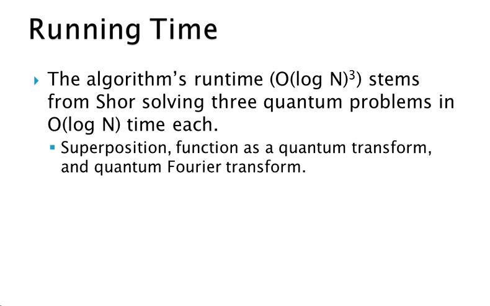This is the superposition function, a quantum transform and quantum Fourier transform, because the algorithm is derived from the quantum Fourier transform. So with this we have come to the end of the brief explanation of Shor's algorithm.